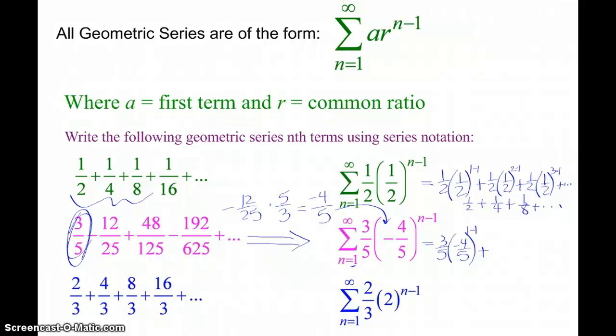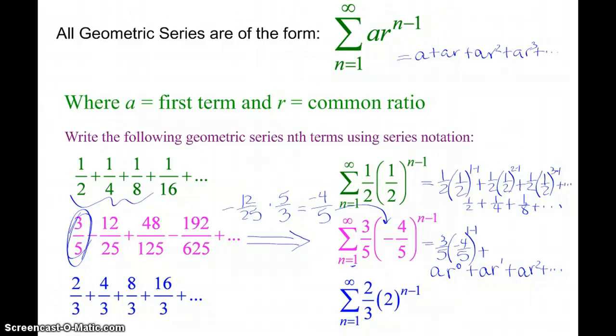So it turns out, if you can see this, this is a times r to the 0, or we might just call that a. The second term is a times r to the 1. The third term is a times r squared. And that's actually how this general geometric series will wind up looking: a, a times r, a times r squared, a times r cubed, and so forth.